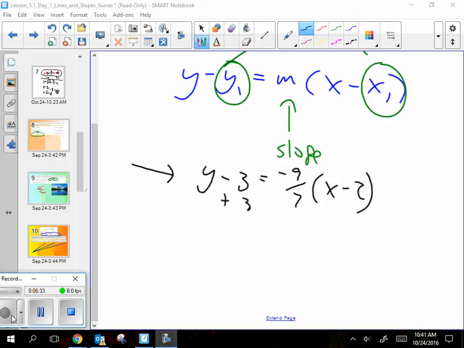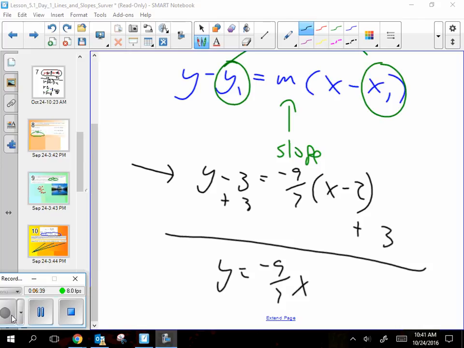Add 3 to both sides. I know I have to multiply that other thing out, but I'll try to do it all at once. -9/7 x plus 18. I'm multiplying now, so I don't need a common denominator. So 18/7 would work. And then I have to add 3. And now the 3 should really be changed into 7ths so that they have a common denominator.